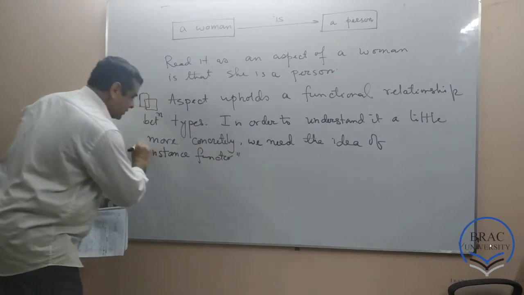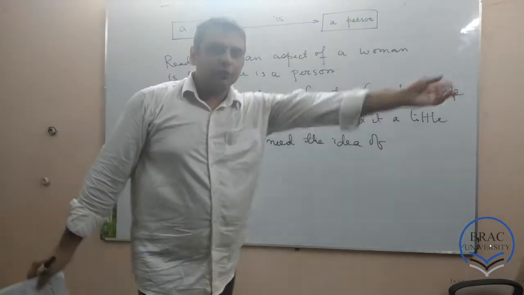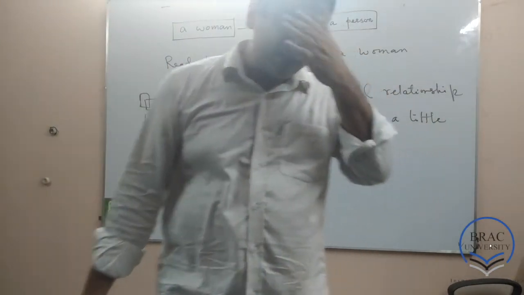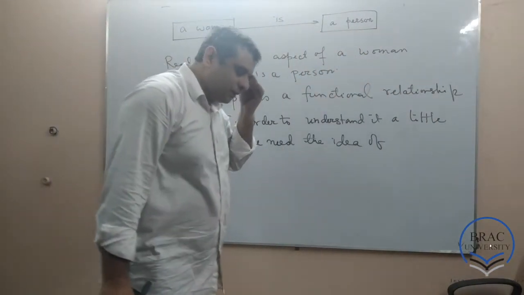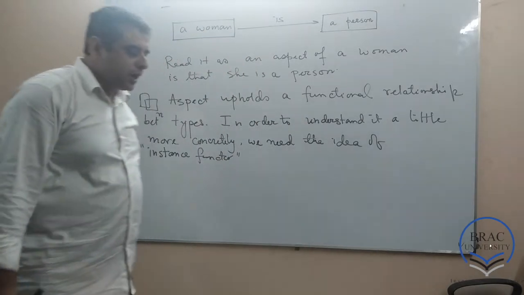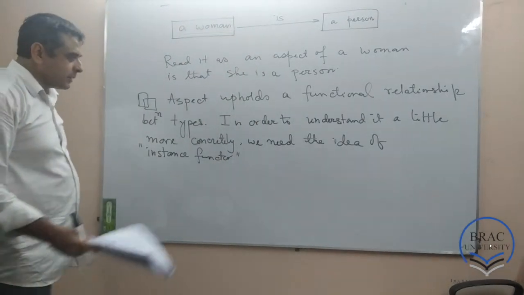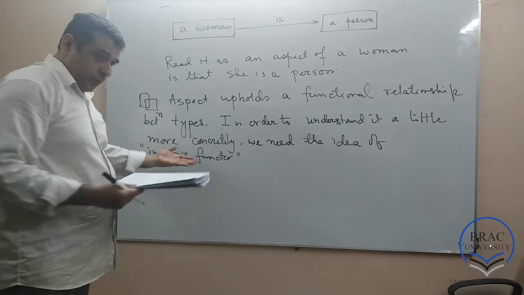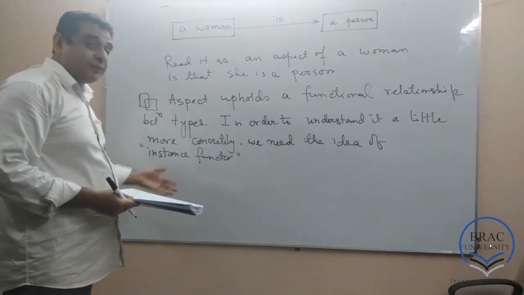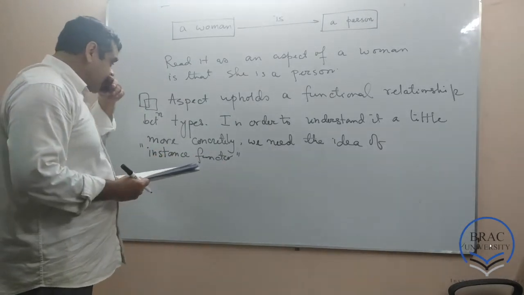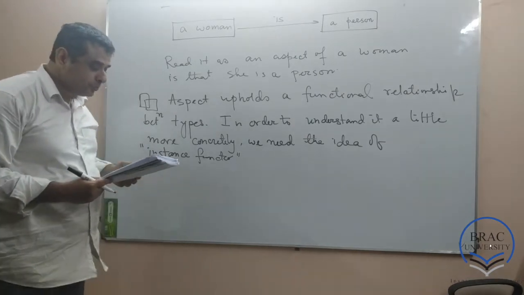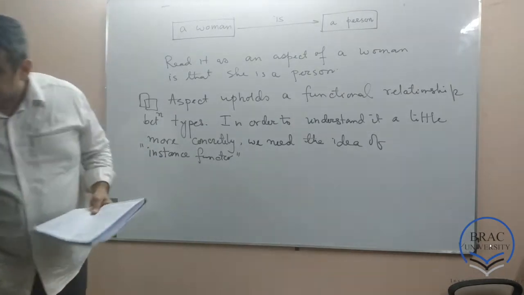Okay, so in the first lecture, we defined what it means by a functor. We defined functor between two categories. Now, here we'll have a real-life example of a functor, which is called an instance functor. So here goes a definition.